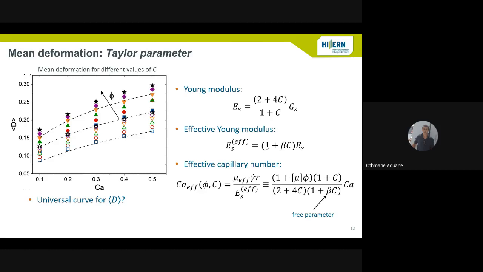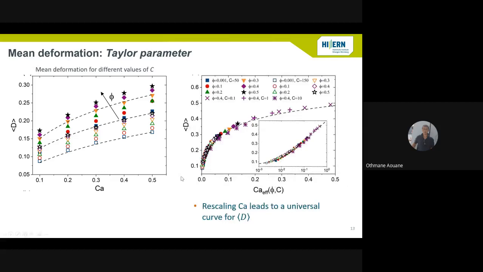The approach we use is trying to find an effective capillary number that, instead of only taking into account the shear elasticity, also takes into account the area dilatation in the formula, and the change of the intrinsic viscosity. By redefining the effective capillary number, we also end up with a quite nice universal behavior for the deformation that can be described by a simple fitting curve.